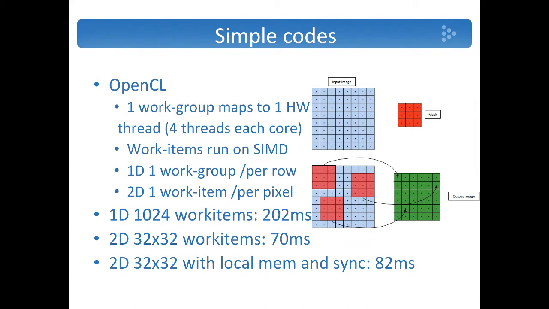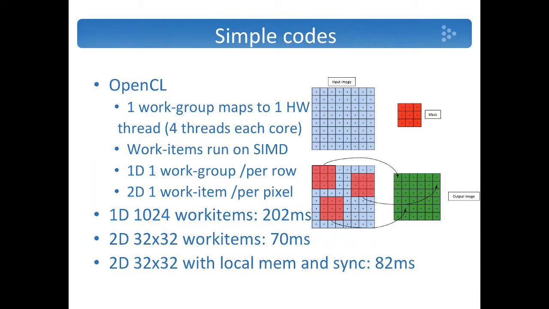But if you use the GPU code on Phi, it won't give you better performance because the first Xeon Phi doesn't have local memory. If you are using local memory in OpenCL, all local memory will map to the DDR. You cannot control the L2 cache memory.